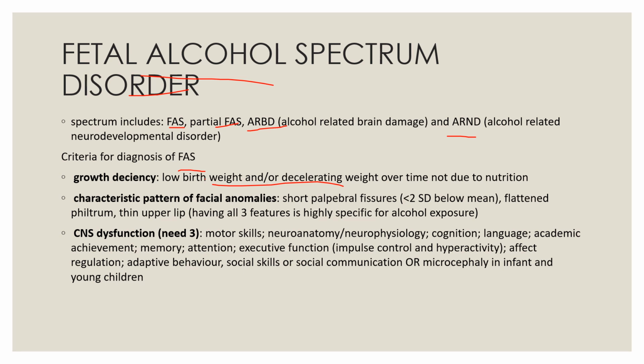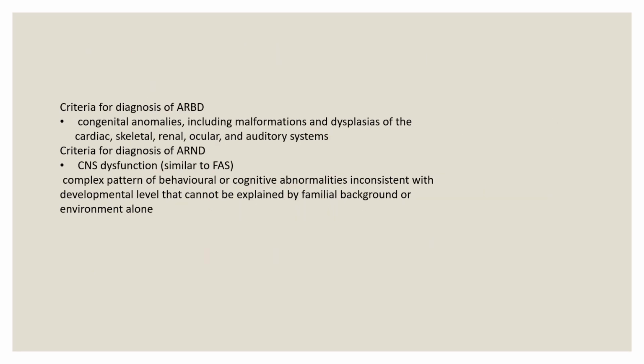Characteristic pattern of facial anomalies like short palpebral fissure, flattened philtrum, thin upper lip. Having all three features is highly specific for alcohol exposure. CNS dysfunction: need three of the following, like motor skills, neuroanatomy, neurophysiology, cognition, language, academic, memory, attention, etc. So this is fetal alcohol syndrome.